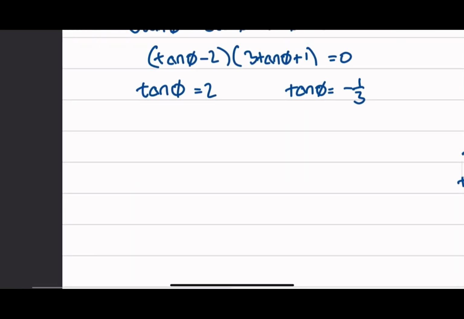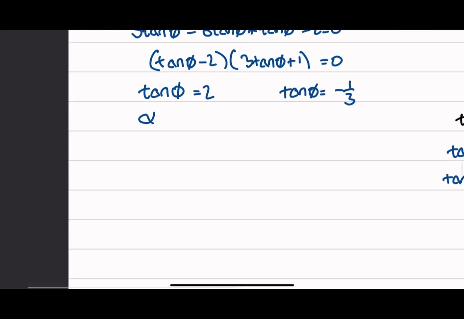So starting off with this, my alpha angle will be tan inverse of 2, which is just 63.4 degrees.